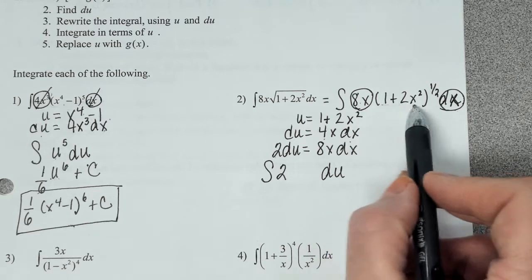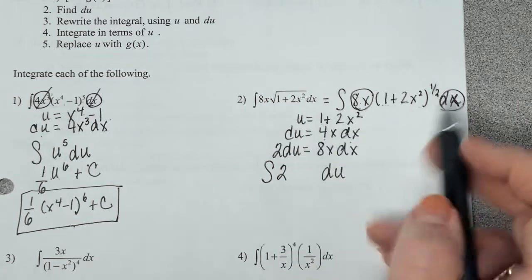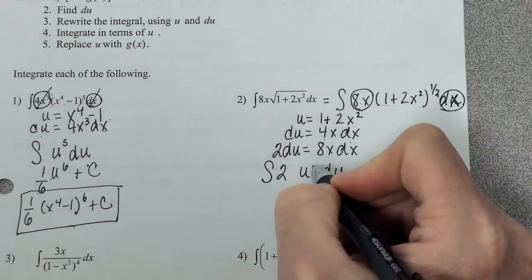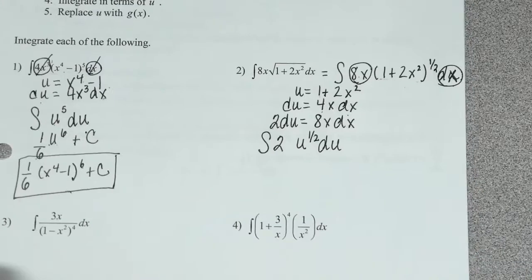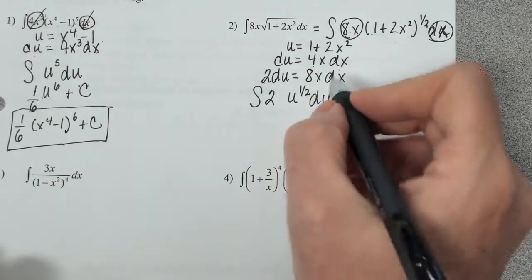And what's another name for this? Look at our list. Another name for this is just u. So it's u to the 1/2. And so now we just have to integrate this. Sean, can you tell me the integral?